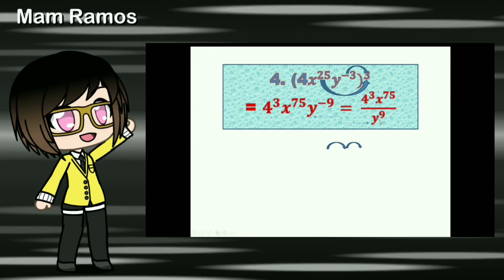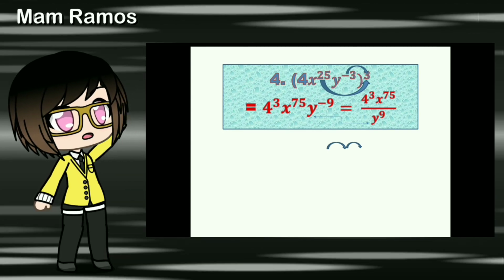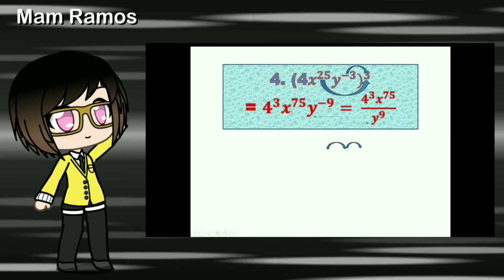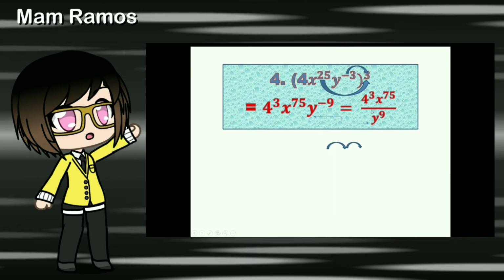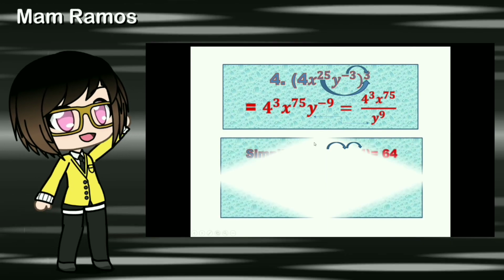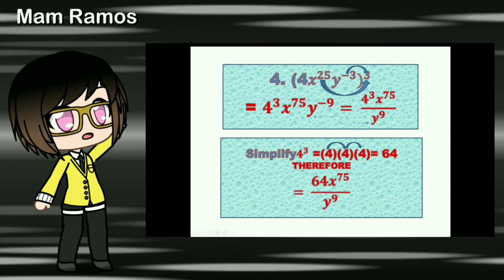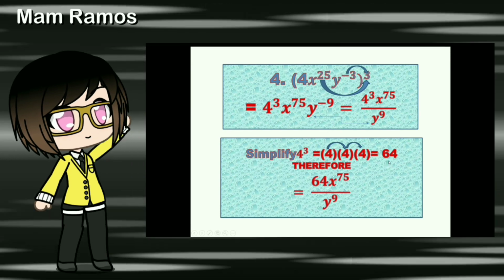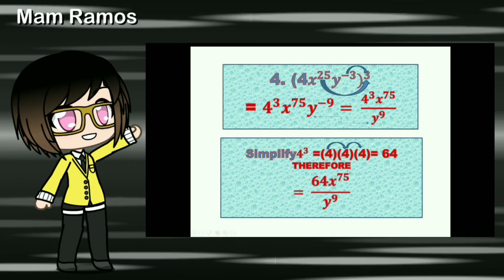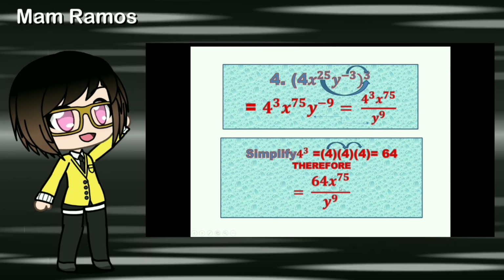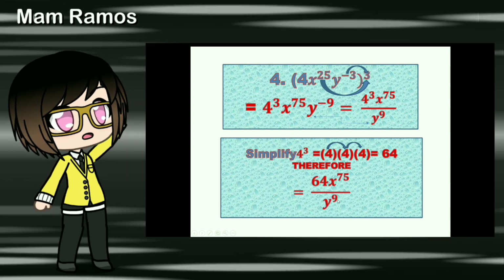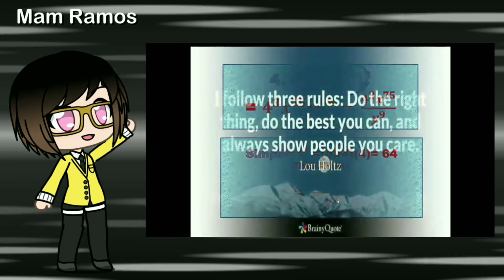Therefore, y to the negative 9 will be written in the denominator, which is y to the 9 power, and 4 cubed x to the 75 will be written in the numerator. Let us simplify 4 cubed. 4 times 4 times 4 is 64. Then therefore the answer is 64x to the 75 over y to the 9 power.